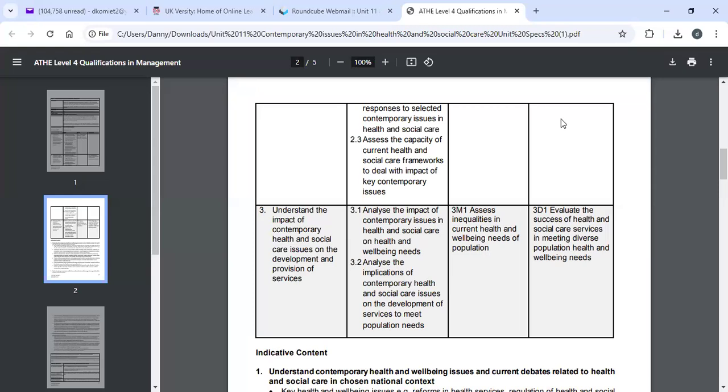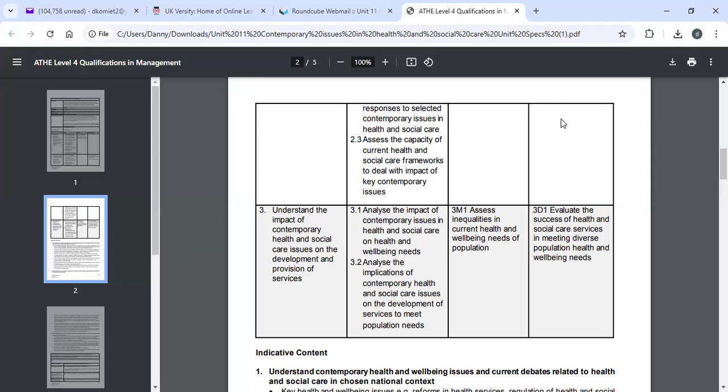to be able to achieve a merit qualification. You should be able to assess inequalities in current health and social health and well-being needs of the population. And then lastly, to be able to achieve a distinction, we should go beyond and evaluate the successes of health and social care services in meeting diverse population health and social care needs.